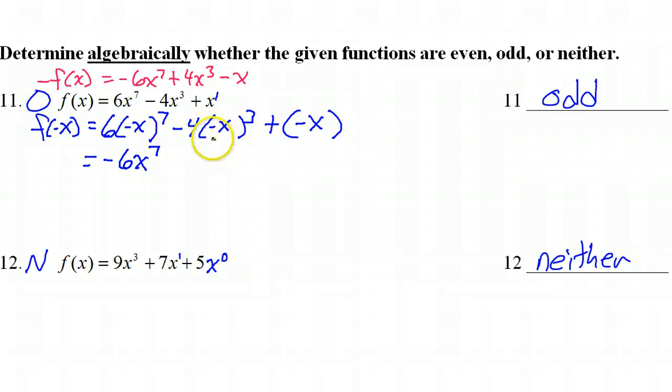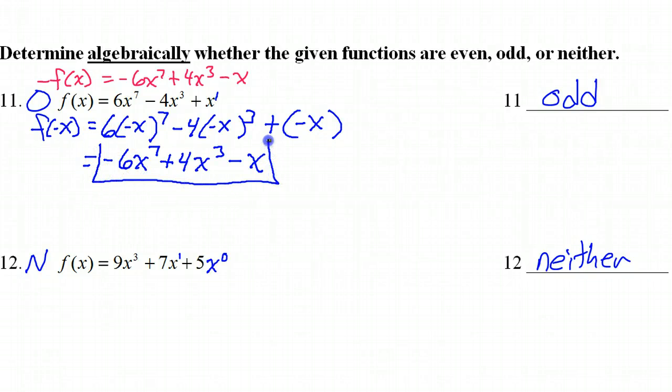A negative times a negative is a positive, so I will have a positive 4x to the 3rd power. And this negative stays, but instead of putting plus minus, we will just put minus x. Okay? So this is what we get when we substitute negative x.